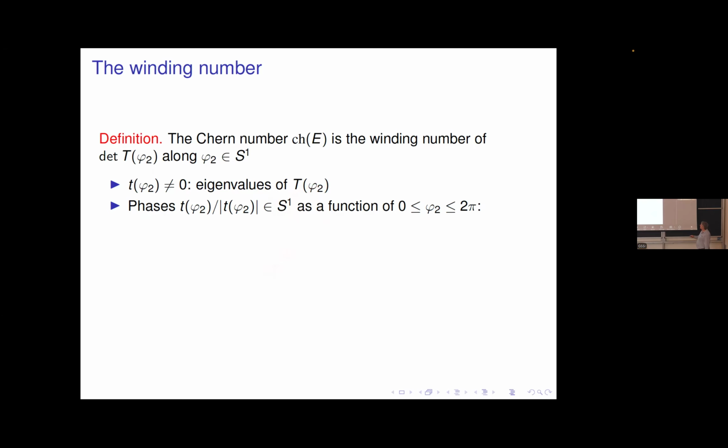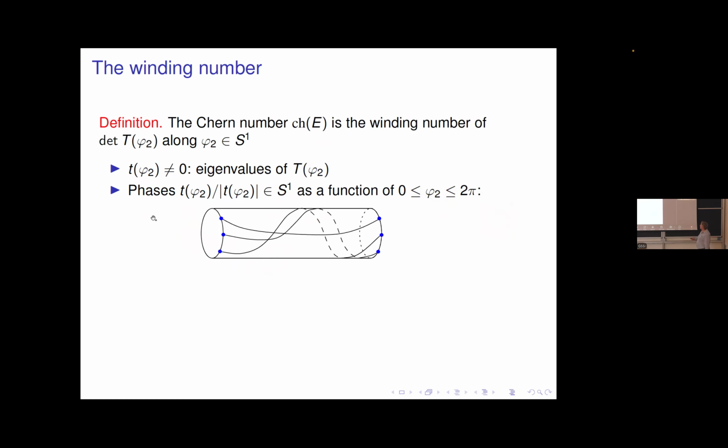Look at the phases as phi 2 runs along the circle, and then you get a picture like this, with phi 2 equals 0 at the left end, phi 2 equals 2 pi at the right end, and as a result, these phases coming from this matrix, which comes back to itself, also come back to themselves. So they are drawn at the same position along the circle. But in between, they may wander and wind around this cylinder.